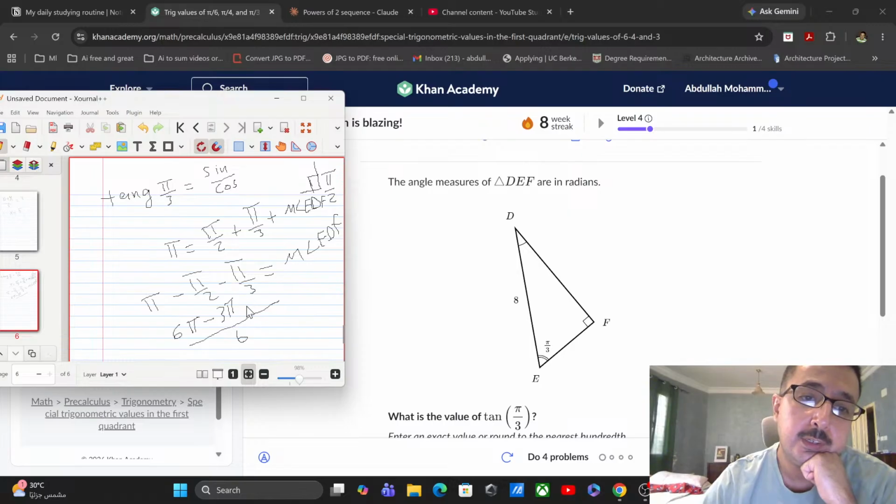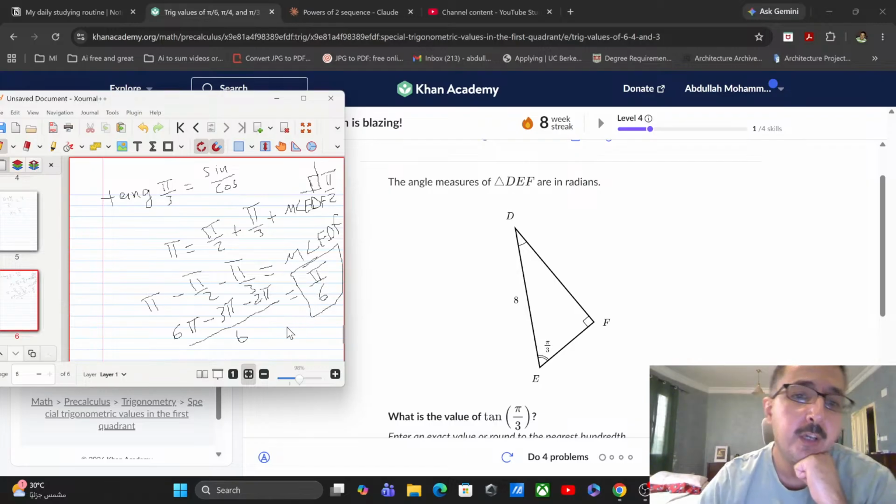I got here 3, so minus, what's it going to be? Into 2 pi. That's going to give me 6 pi minus 3 pi minus 2 pi. That's pi over 6, which is 30 degrees. Am I correct? Pi over 6.